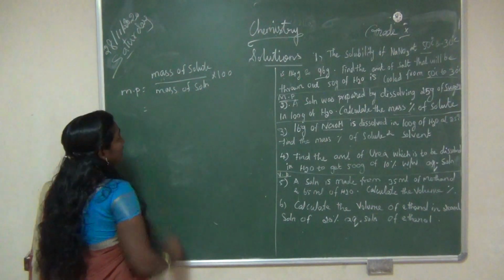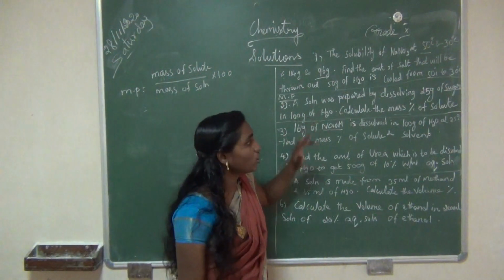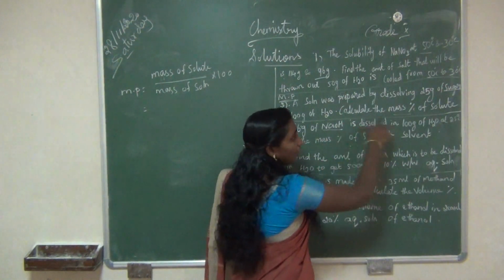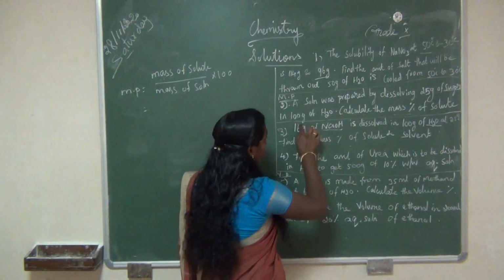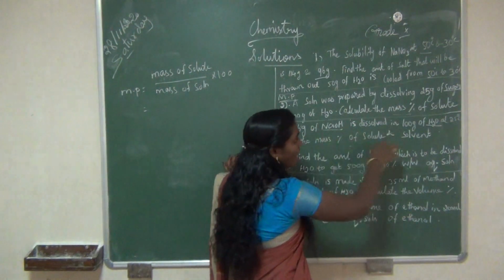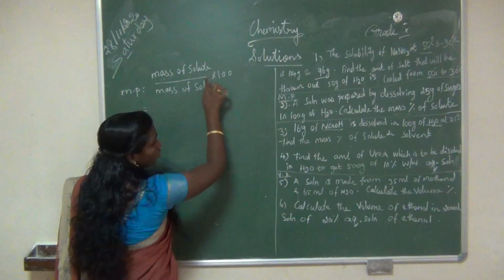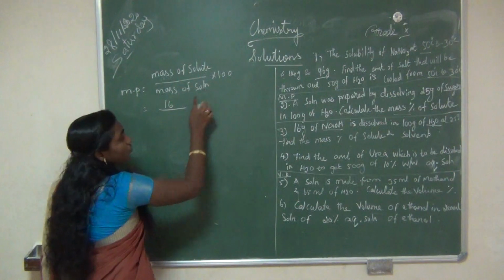Which one is solute and which one is solvent? Sodium hydroxide is solute, then water is solvent, right? Sodium hydroxide mass 16, water mass 100. So mass of solute 16 divided by mass of solution.